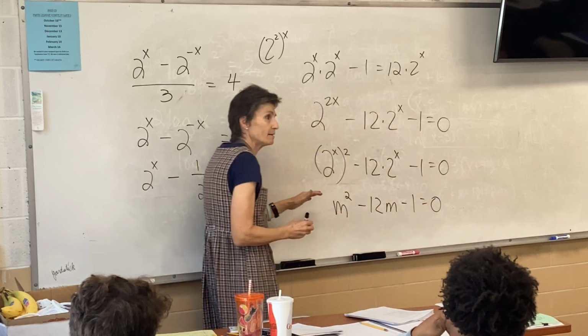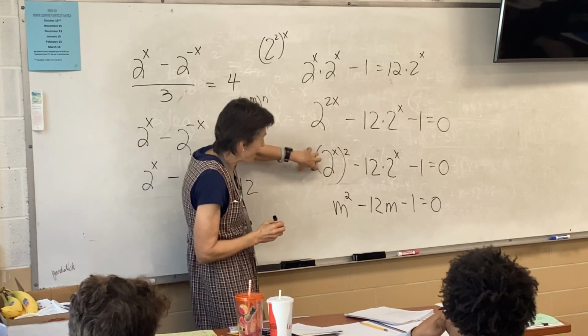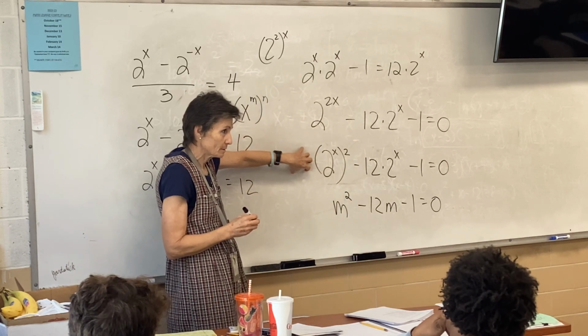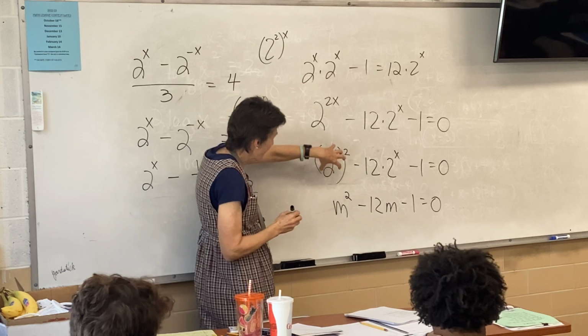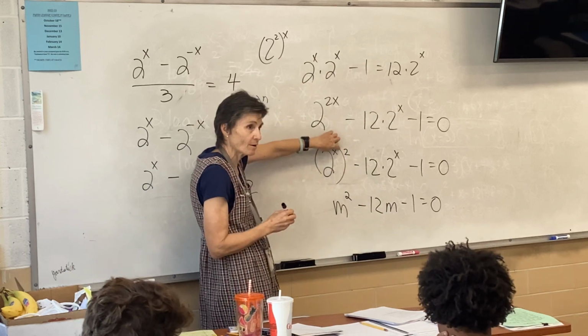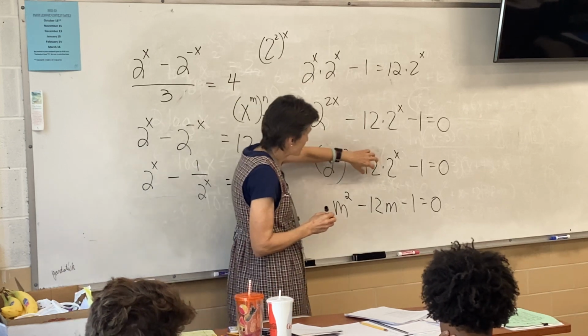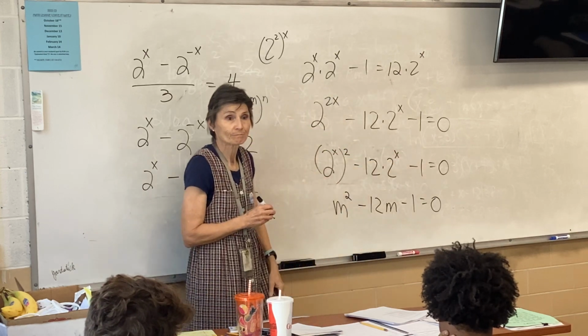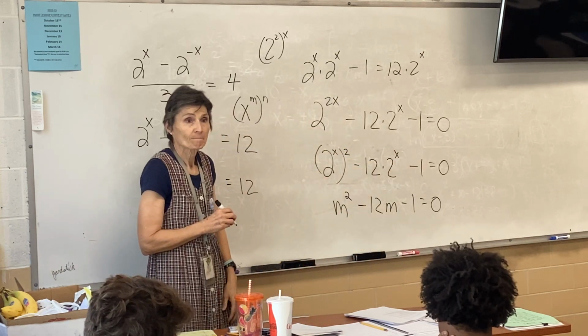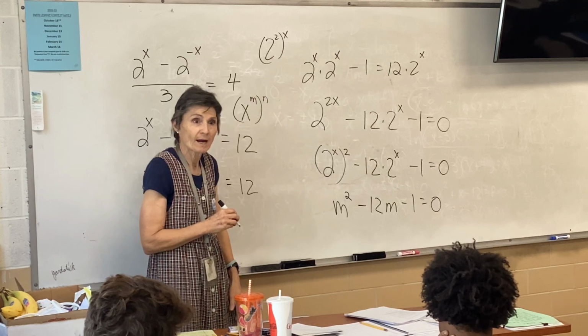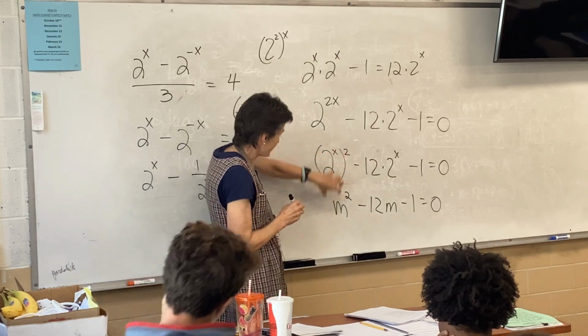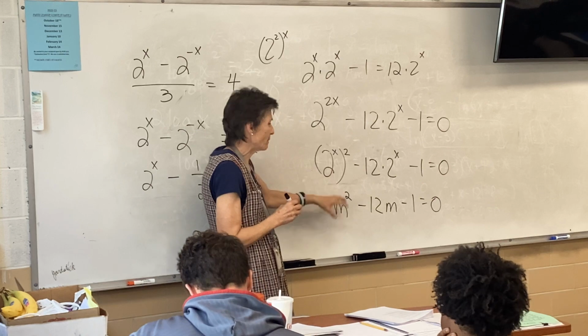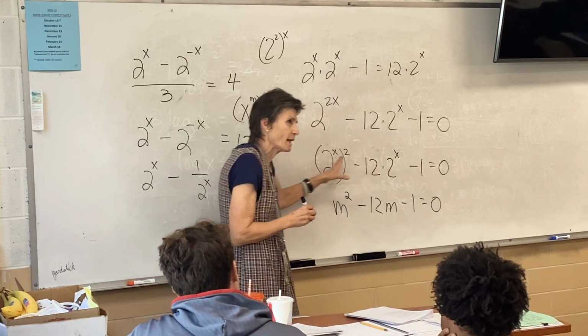Now look at that. Isn't what I have written here the same as something squared minus 12 of those things minus 1? Yeah. Quadratic. Exactly, it's a quadratic. The something is 2 to the x, but it's really confusing for me when I look at it like that.